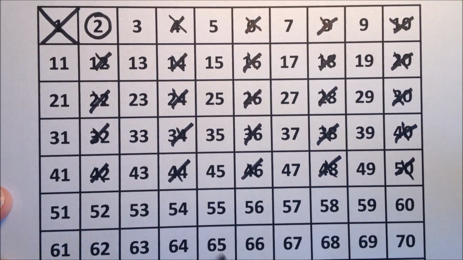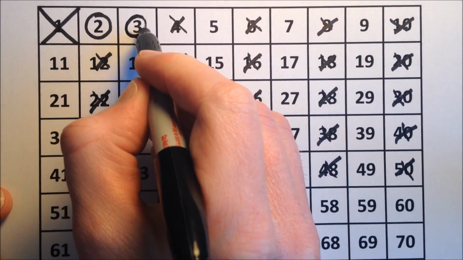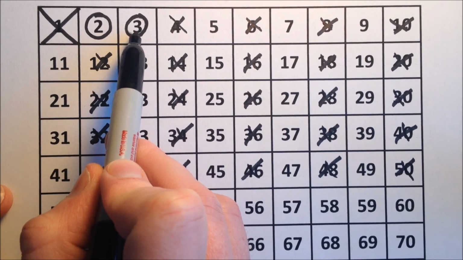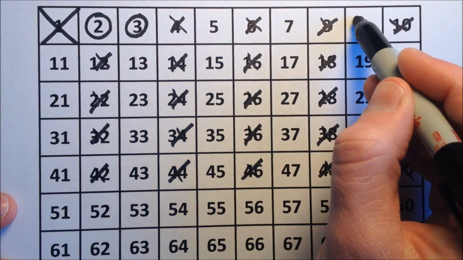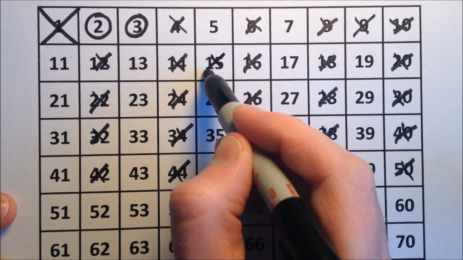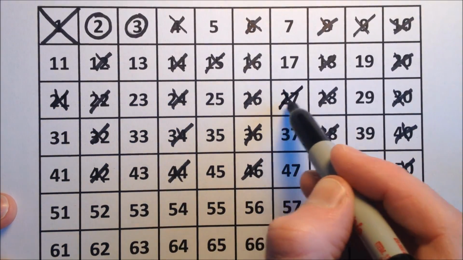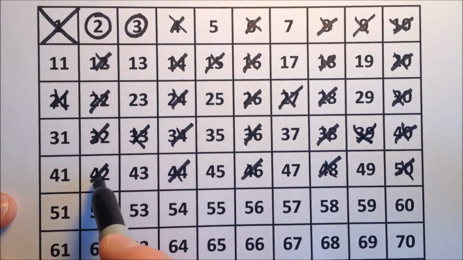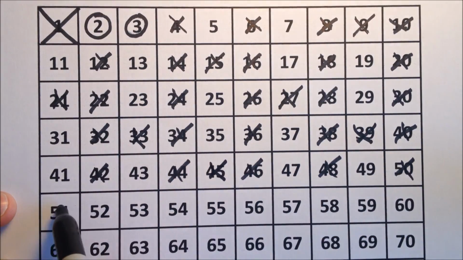So next, you're going to take the next open number and circle that. And we're going to say that's prime as well. So we're going to say 3 is prime. And now we're going to cross out every third number, so every multiple of 3. So 6, well, that one's crossed out already. 9, 12, 15, 18, 21, 24, 27, 30, 33, 36, 39, 42, 45, 48, and then we can continue past there, but we'll stop for now.